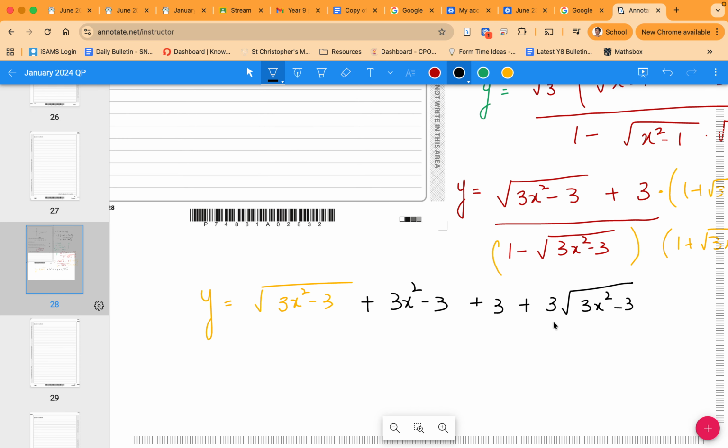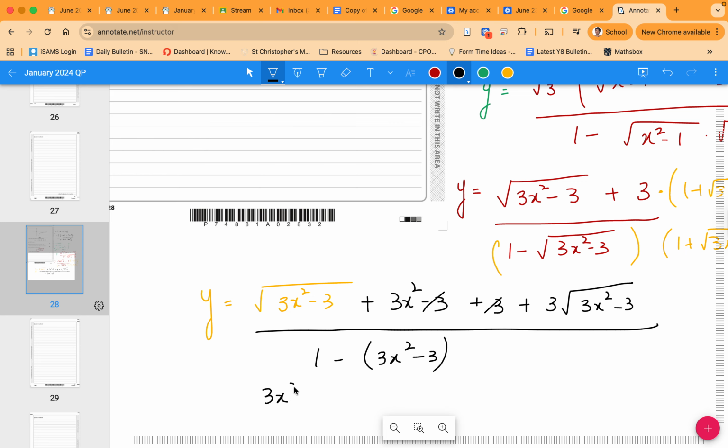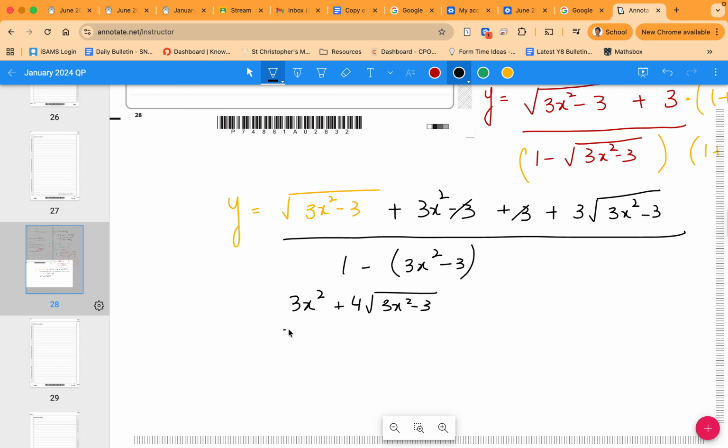So we are kind of getting there, and in the denominator it'll be 1 square, which is 1, minus 3x square minus 3. Yeah, so then you can cancel these out. It'll be 3x squared plus 4 square root of 3x square minus 3 over, when I open this up, 4 minus 3x squared, equals y, and that is our final answer.